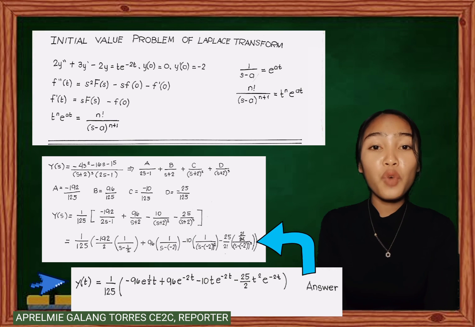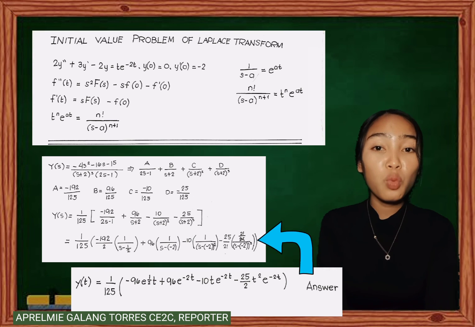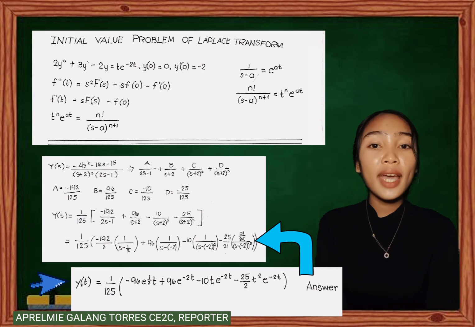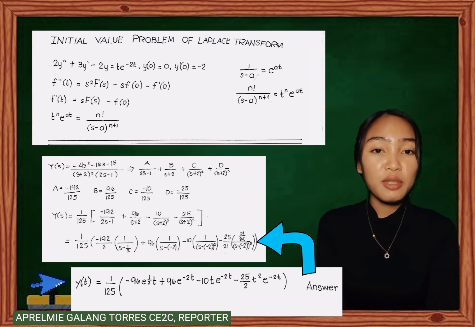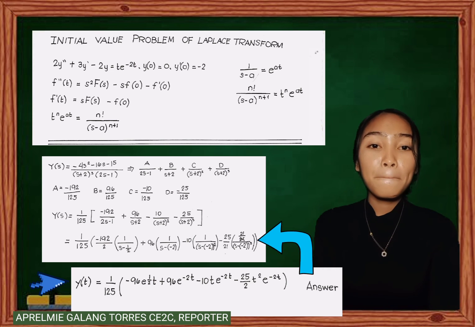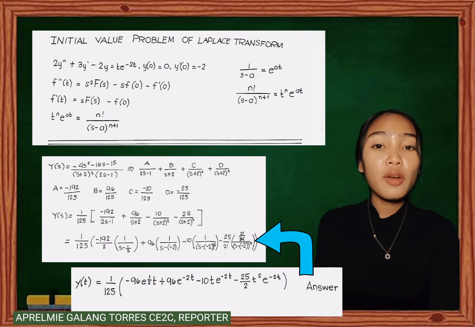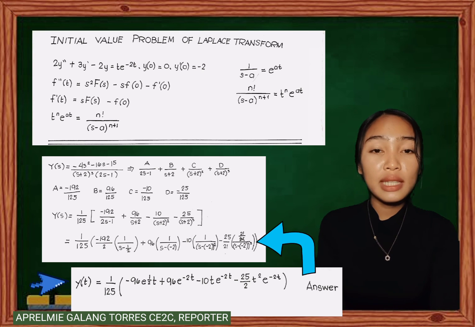So we're going to convert that 1 over s minus 1 half to e to the 1 half times t. So we'll get e to the 1 half times t, and similarly we're going to have plus 96 times e to the negative 2t.